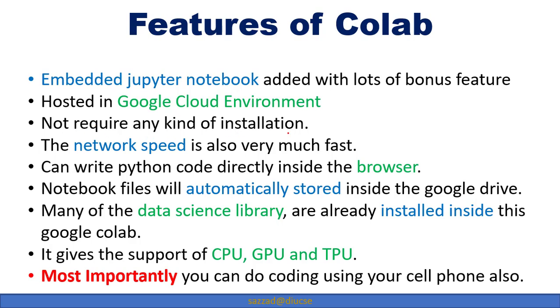It does not require any kind of installation because it is hosted by Google, so you don't need to install anything. The network speed is very fast because it is hosted by Google, and we all know Google is very reliable and we trust Google, so we can run our code in a very fast manner.